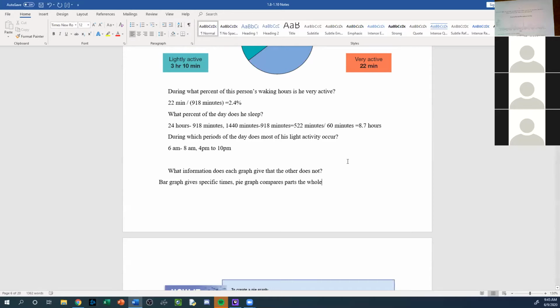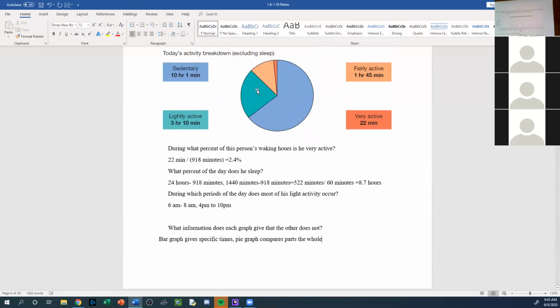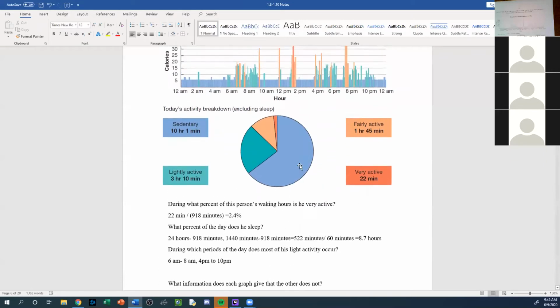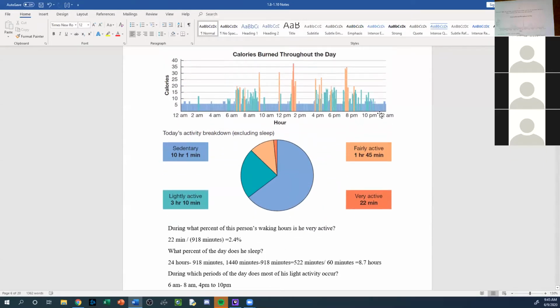So basically it just compares parts of certain times to the whole percentage of time, 100% of the time that he's awake. And I guess that's another advantage of the bar graph as well, where it shows the time that he sleeps, maybe from 10 p.m. all the way up to about 6, right? So it shows the time that he sleeps as well, whereas the pie graph does not.